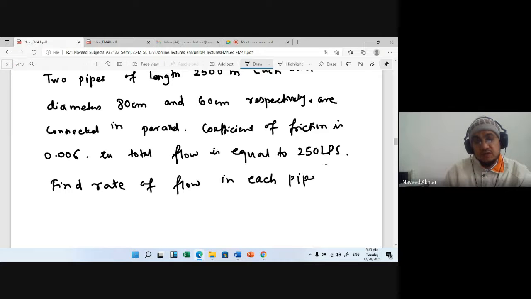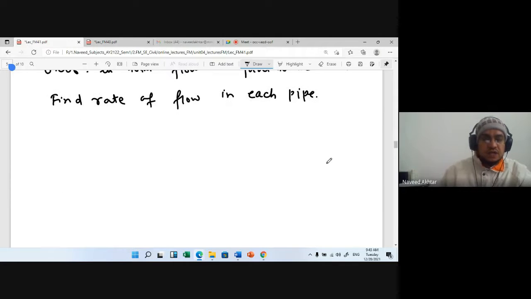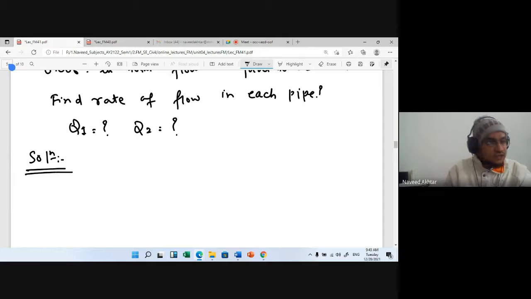So we have to find the rate of flow in each pipe. It means we have to find Q1 and Q2. If I write the solution, here it is given that L1 is equal to L2 is equal to 2,500 meter.